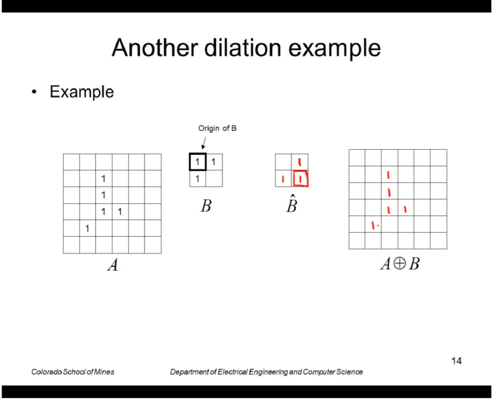So I definitely know the original points are still in there. But I also get a number of additional points. For example, I get this point because the reflected B is overlapping A right there. So I'll get this point and this one, and then those as well.